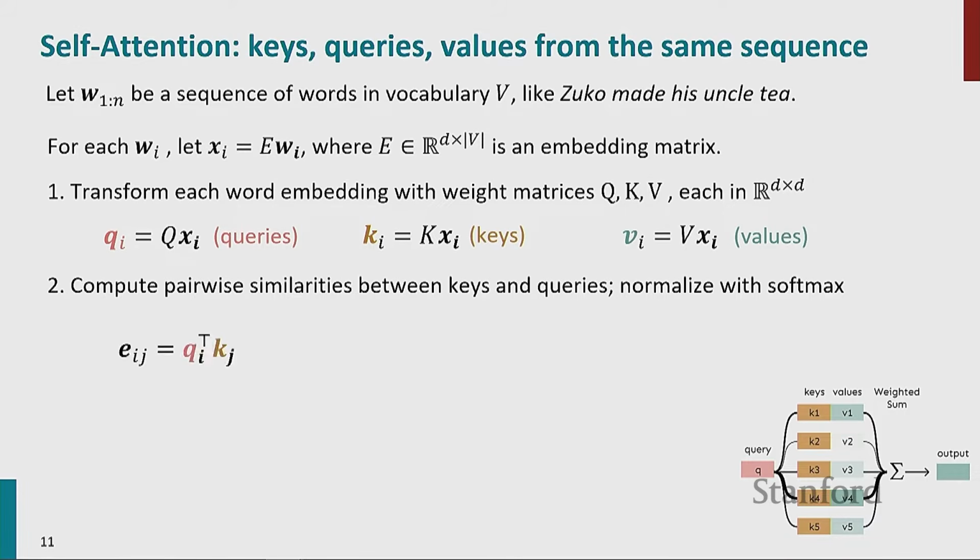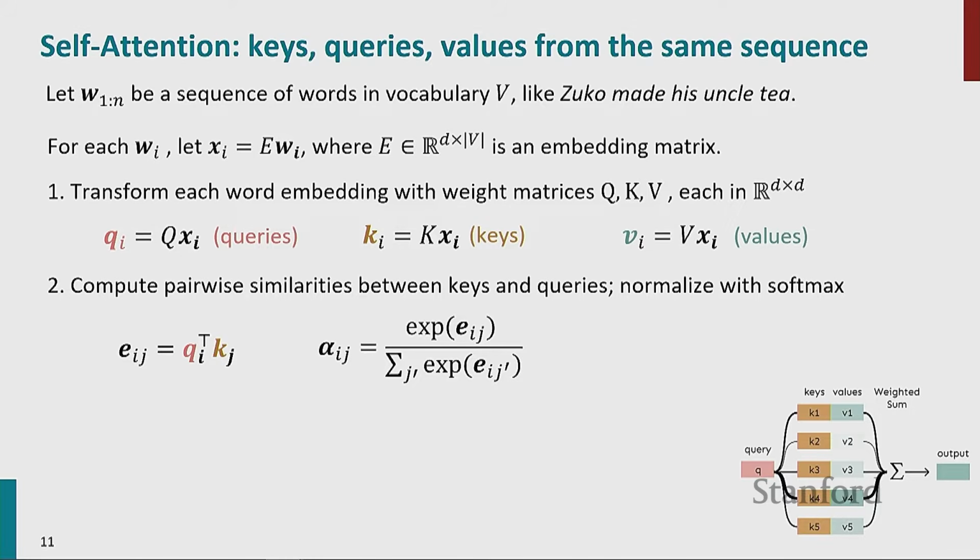So I'm just going to take the dot product between these two vectors: q_i, the query for word i, dotted with k_j, the key for word j. And I get this score, which is a real value. It might be very large and negative, might be 0, might be very large and positive. That's how much I should look at j in this lookup table.